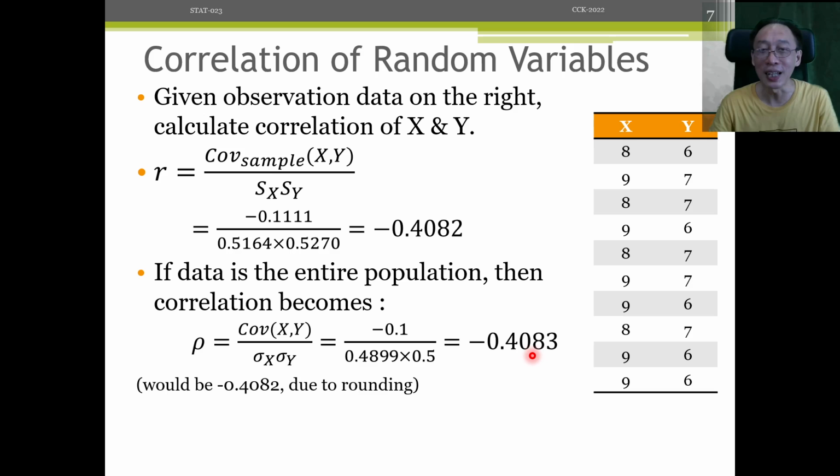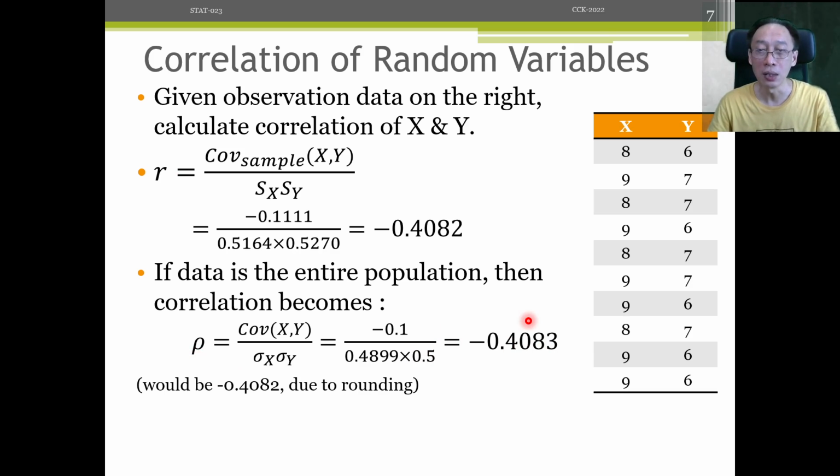Now, two things are happening here. Number one, this 3 actually should have been 2 had it not been for the rounding off to 4 decimal places in all these calculations. In a perfectly precise world, we would get exactly the same number, same sign and magnitude, for r and rho.